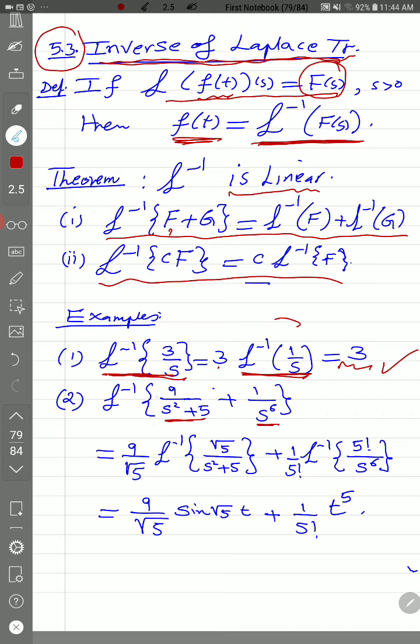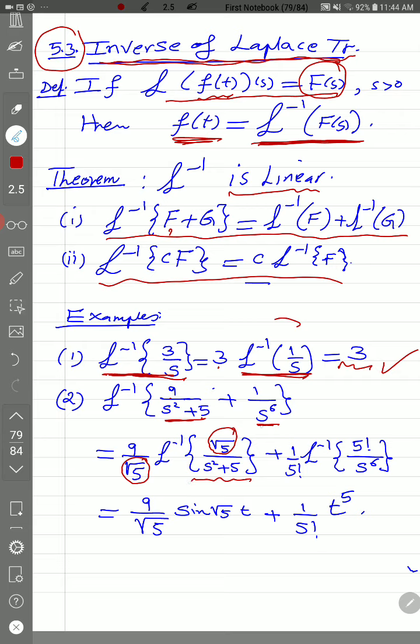In fact this is the sine, but here we need the square root of 5 up. So I multiply by square root of 5 and divide by square root of 5 to put it in the standard form of the table. And I take 9 outside, so it is in the standard form now.